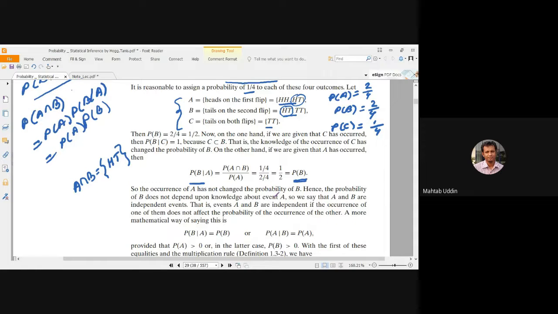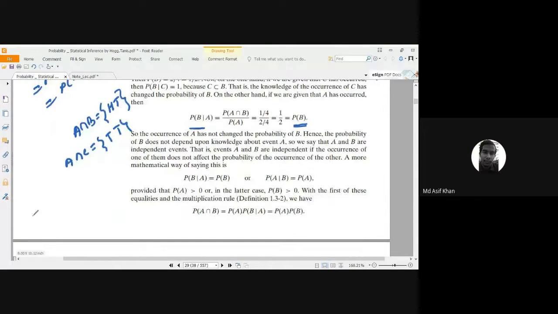But if you want to show this for C, you will see it's not possible. What is A intersection C? T and T, right? So they are not independent.